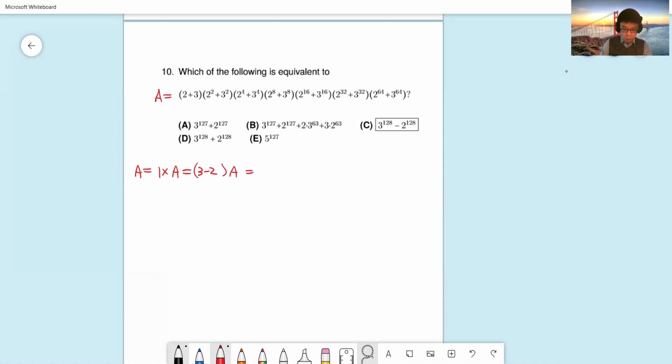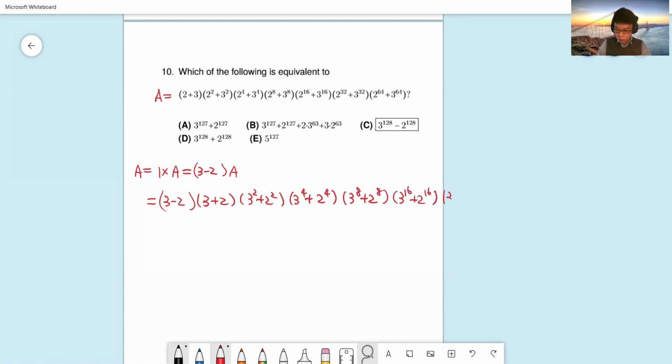So this becomes (3 minus 2) times (3 plus 2) times (3 squared plus 2 squared), (3 to the fourth plus 2 to the fourth), (3 to the eighth plus 2 to the eighth), (3 to the 16th plus 2 to the 16th), (3 to the 32nd plus 2 to the 32nd), (3 to the 64th plus 2 to the 64th).